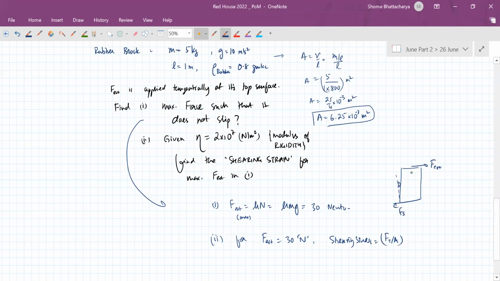So this is creating shearing in this material. This tangential force is nothing but this external force of 30 newtons. So this is the shearing stress. And from this now we'll get the shearing strain.